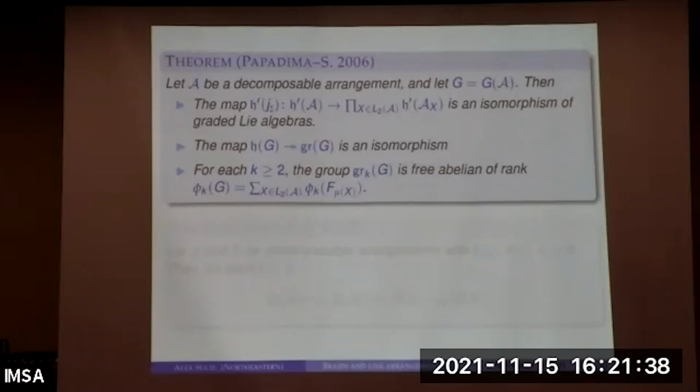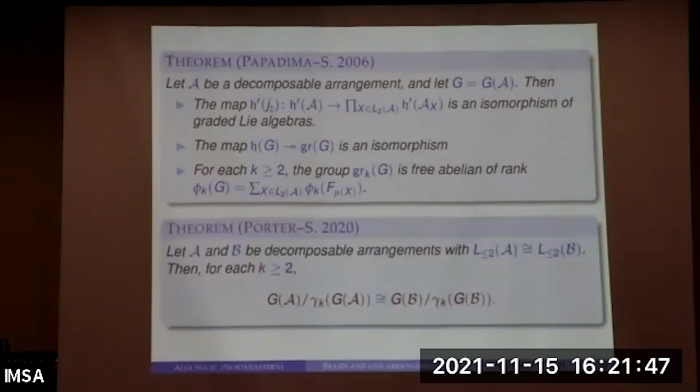It still leaves open the question: what about this phenomenon, the tests, right? You have arrangements where some important quotient is different, although they have the same combinatorics. That's a much stronger result from last year's paper, where we strengthened this theorem and showed that if they are decomposable and the intersection lattice is isomorphic, in degrees 1 and 2, then all the important quotients are isomorphic in all degrees.